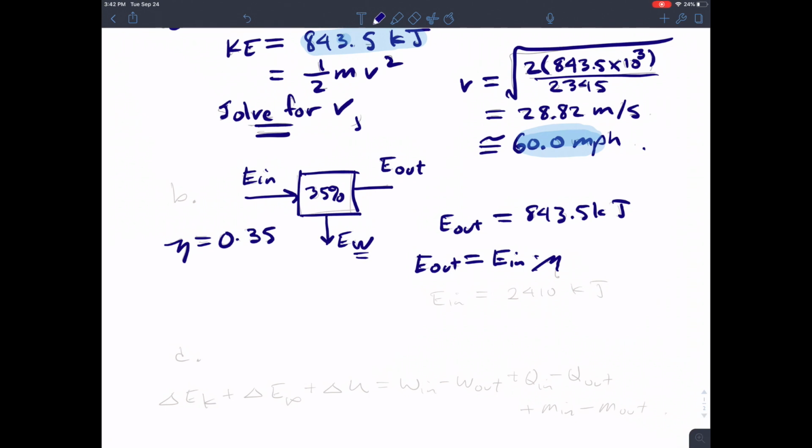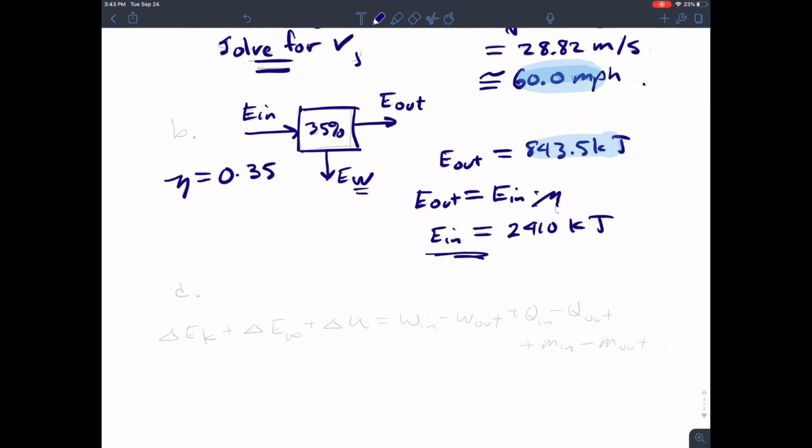So coming out is wasted energy plus the energy used to get the vehicle moving 60 miles an hour. We plug in. We know the output energy is 843.5 kilojoules. We divide that by 0.35, and we know that the input energy is 2,410 kilojoules. That's how much energy is in the gasoline.